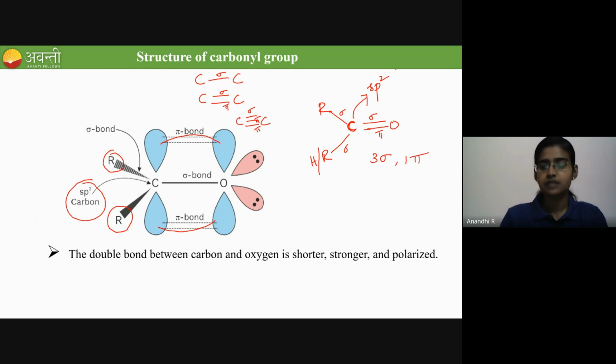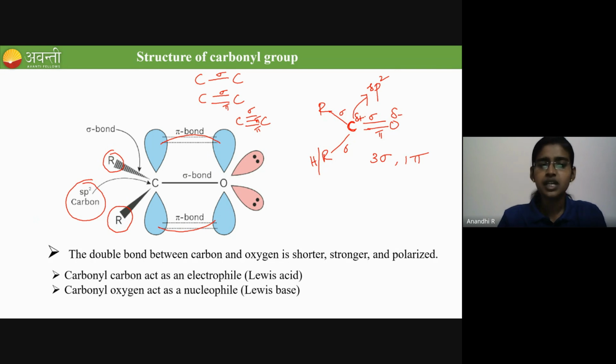And it gets polarized. Why does it get polarized? Oxygen is more electronegative than carbon, right? So oxygen gains the partial negative charge and carbon gains the partial positive charge. So we are getting plus and minus poles. The bond is getting polarized.